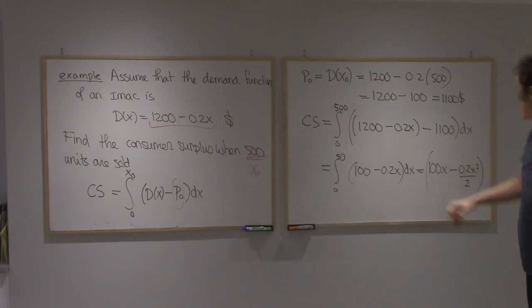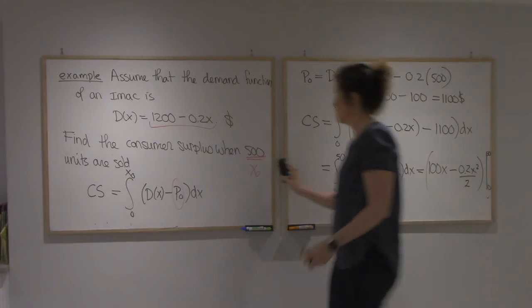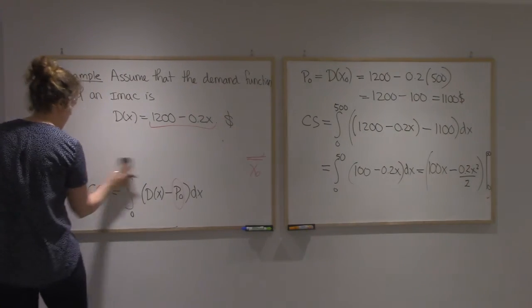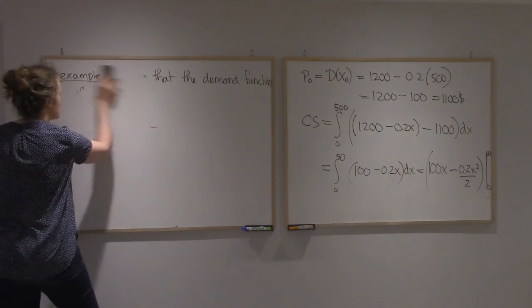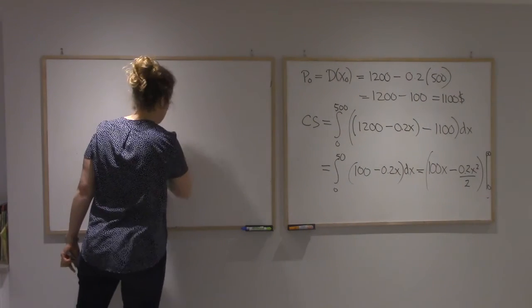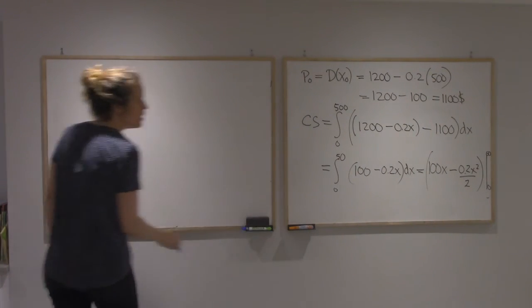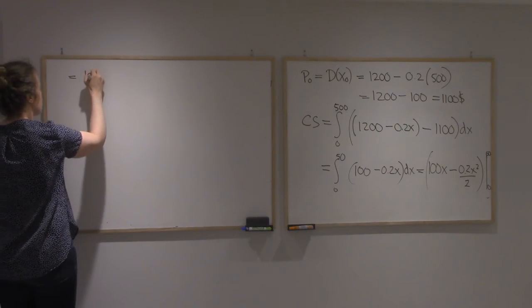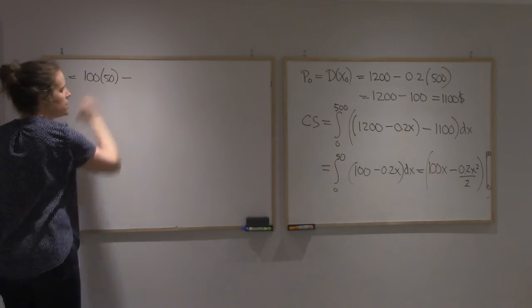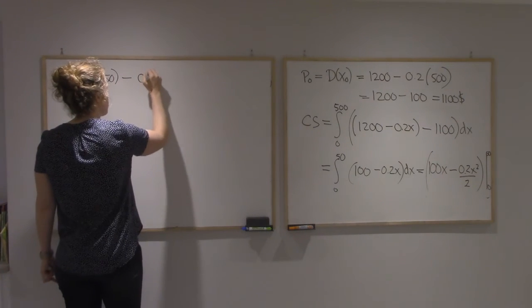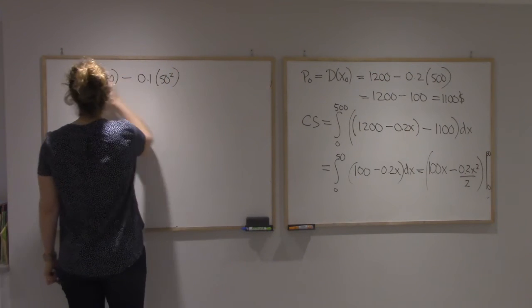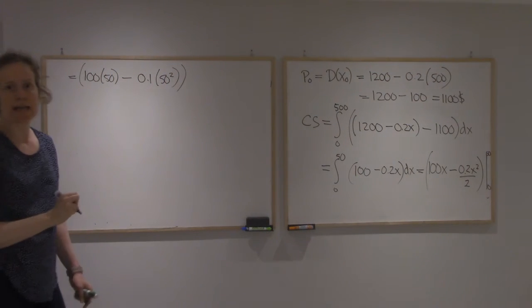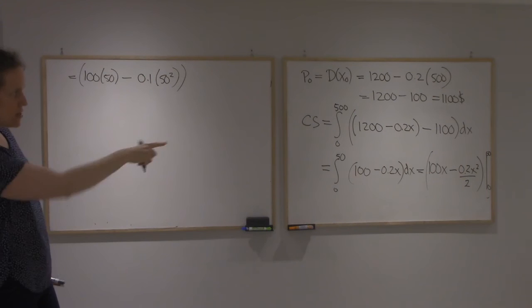Now I have bounds, so I'm going to plug in 0 and 500. So at 500, I'll get 100 times 500 minus 0.1 times 500 squared.